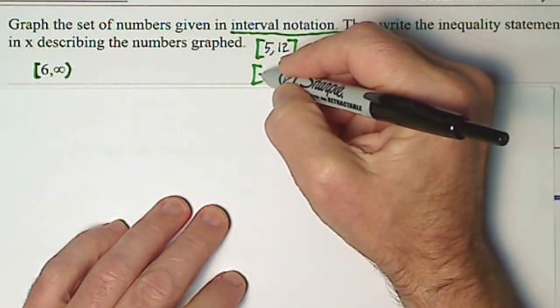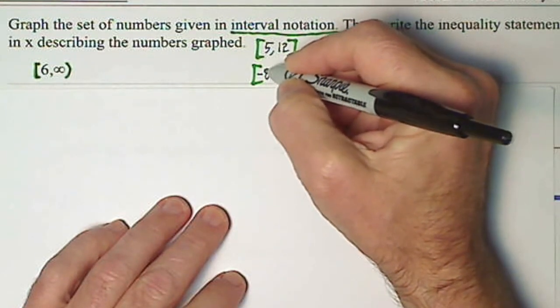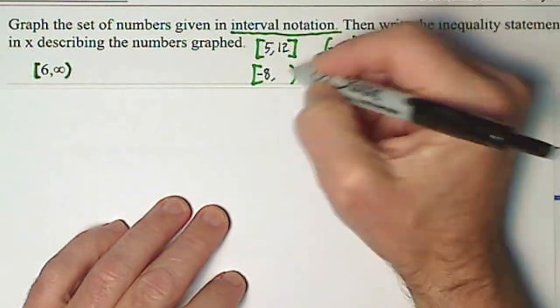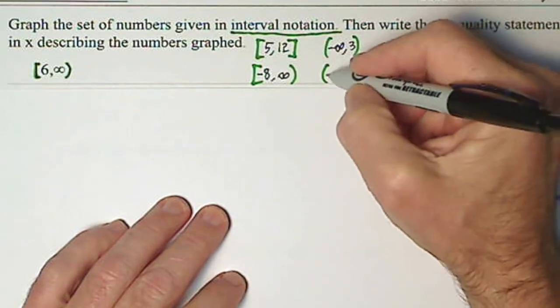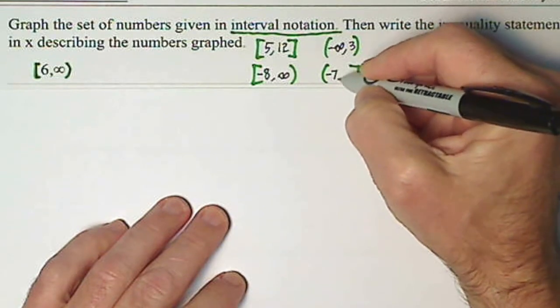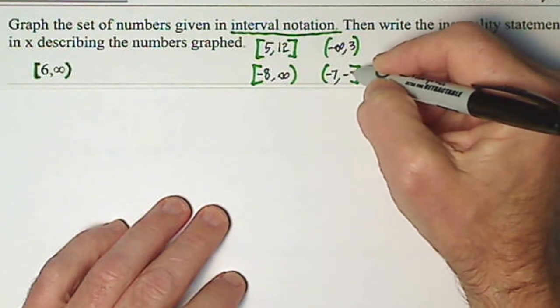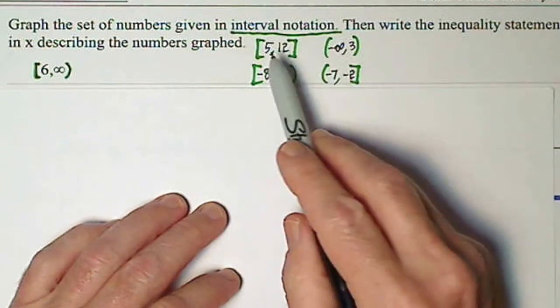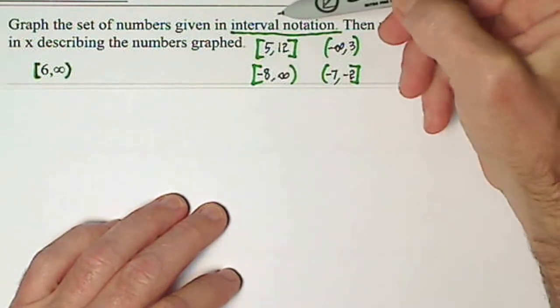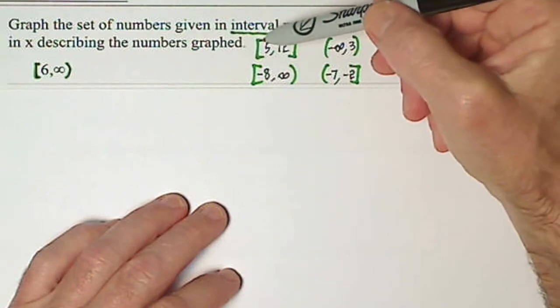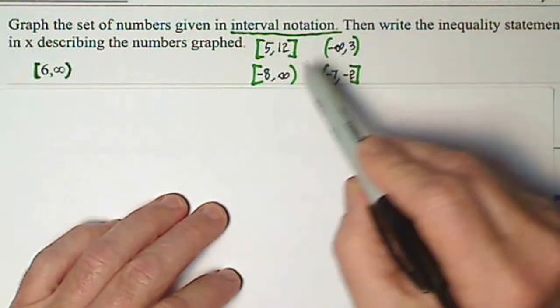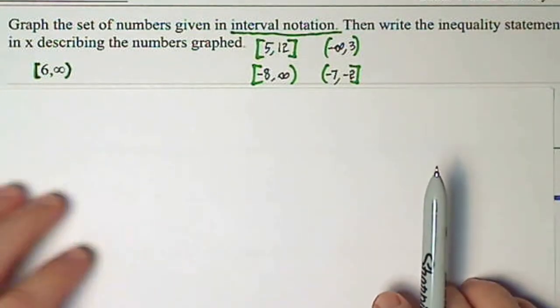This could be negative 8, comma, infinity. And we'll say negative 7, comma, negative 2. So they'll always have 2 numbers in there. But the key thing, interval notation, means you're going to use these symbols and you'll have 2 numbers inside.